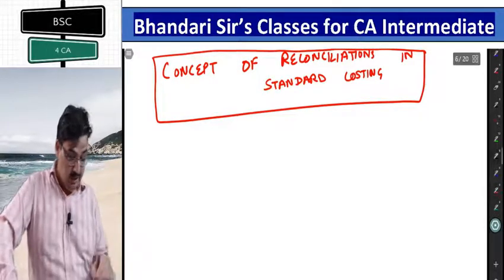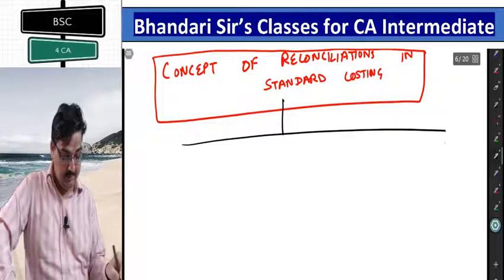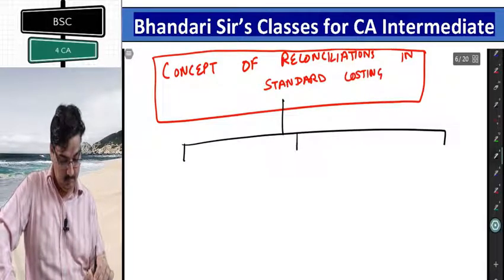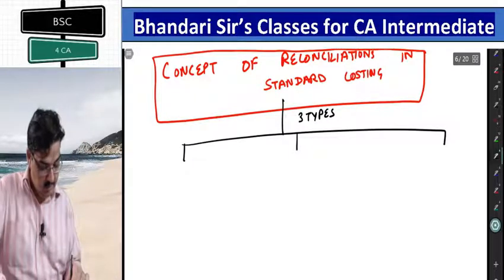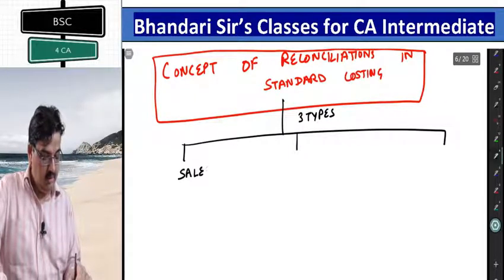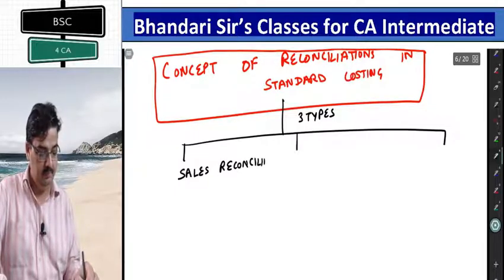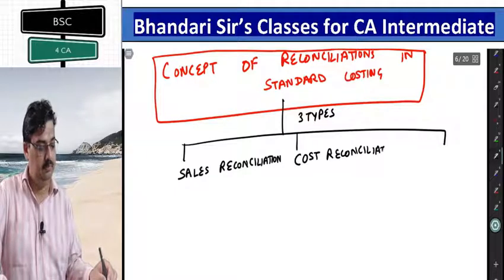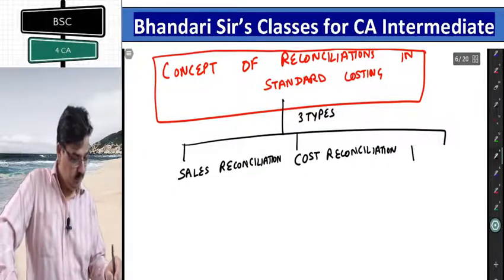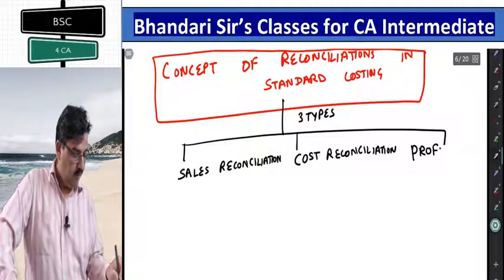Now, reconciliation is of three types: sales reconciliation, cost reconciliation, profits reconciliation.